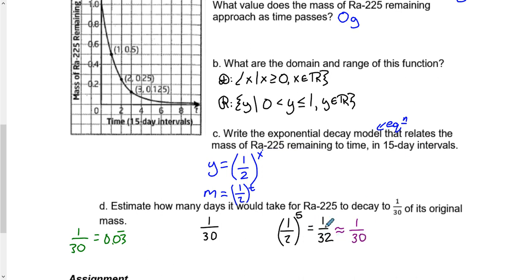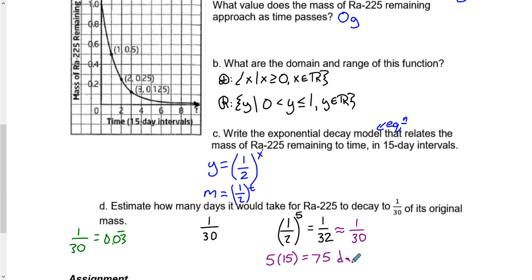Now, obviously, this is actually a smaller number than 1/30th, so it would be a little bit before that 5 intervals. But then we have to look at it and say, this 5 is t, which is talking about 15-day intervals. So 5 15-day intervals actually comes out as what? 75?